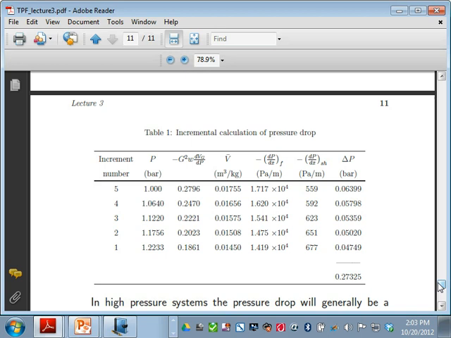So they broke the pipe into 5 segments. From 5 to 4, they calculated the dPdx there, and then extrapolated for that segment. And then for segment 4, they didn't use 1 bar, they used the pressure that they calculated from the previous segment. So the pressure at the 4th segment starts at 106. And then you calculate the 4th segment, all the parameters, and then 3 and 2 and 1 and so on. In this case, the pressure doesn't change a lot, only a few kPa.